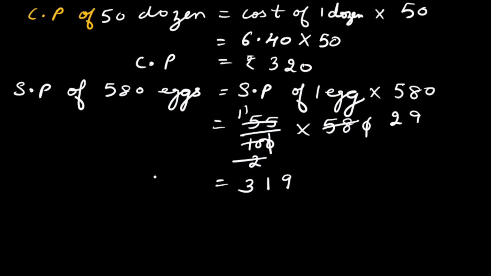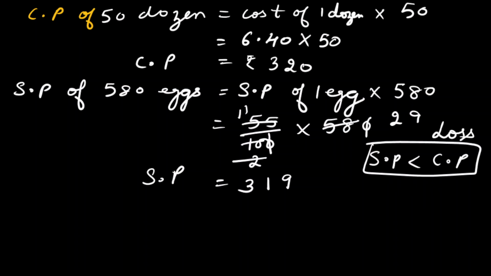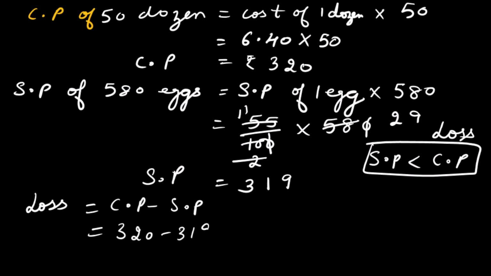So here we can see the selling price is less than the cost price. If the selling price is less than the cost price, that means definitely there is a loss. How much loss is there? Loss equals cost price minus selling price. The cost price is 320, so 320 minus 319.